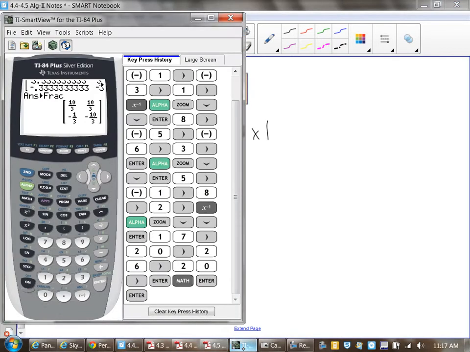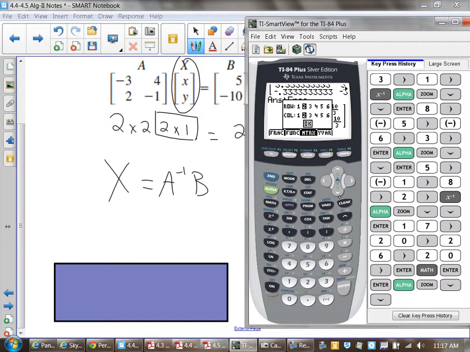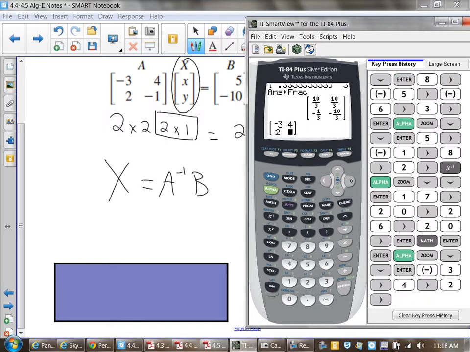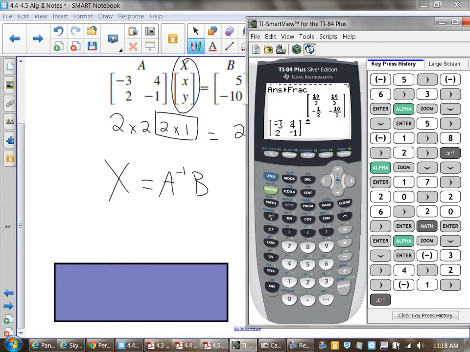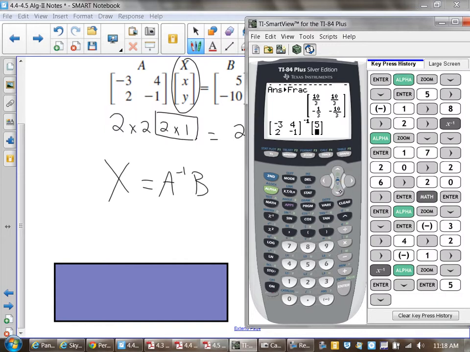So in your calculator, you should have that set up. Because a 2 by 2 times a 2 by 1 is going to spit out a 2 by 1.